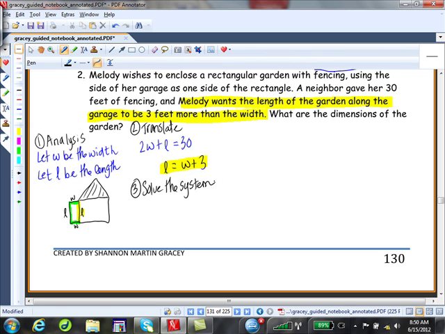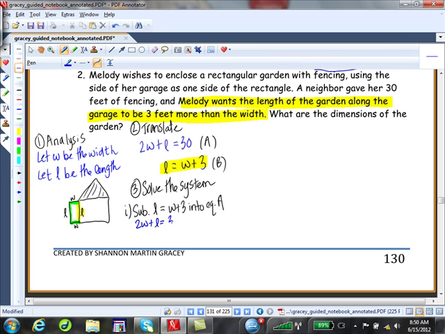So our first step, do you see, will be to substitute L equals W plus 3 into, if we name this equation A and equation B, we'd be substituting into equation A. So equation A is 2w plus L equals 30.